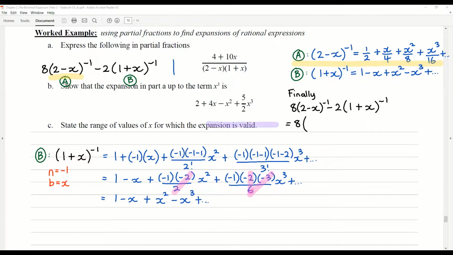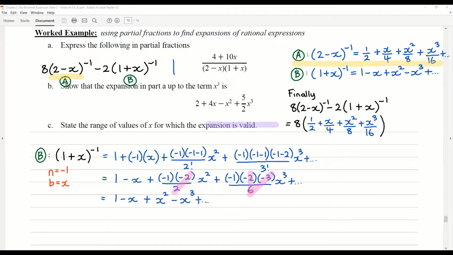What we discovered in part a, the bracket A, it's going to be 1/2 plus x over 4 plus x squared over 8 plus x cubed over 16. Close that bracket.